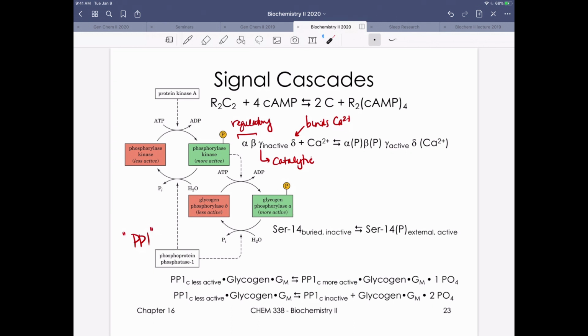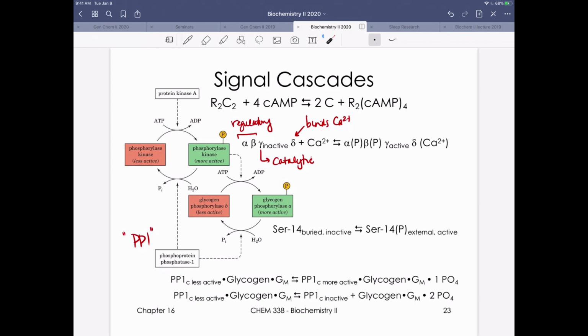I'll highlight down here that we're not going to talk too much about how PP1 becomes active, but I want to highlight it. We've talked a lot about phosphorylation cascades to decorate things with phosphates, but it's just as important when we're in a fed state to have somebody who goes around and puts us in a dephospho state.